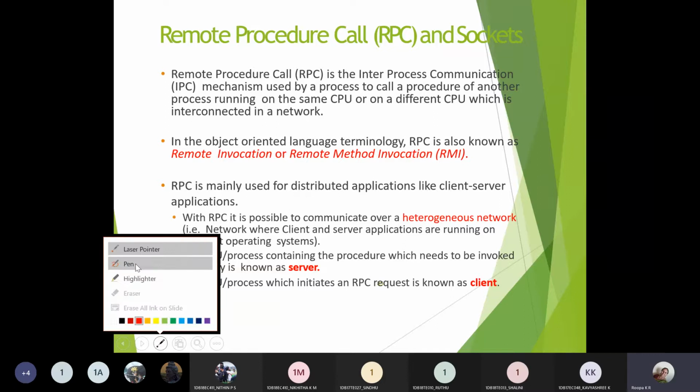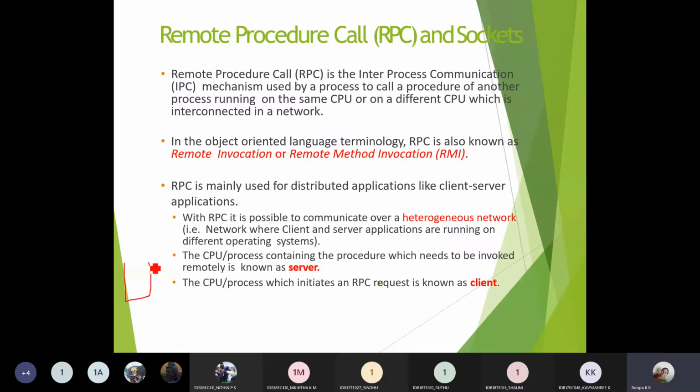Just a second, I'll write it here. Suppose you have a processor 1, let me take it as CPU 1, and you have CPU 2 here, and in this you have process 1, in this you have process 2, and I want to send data from process 1 to process 2.